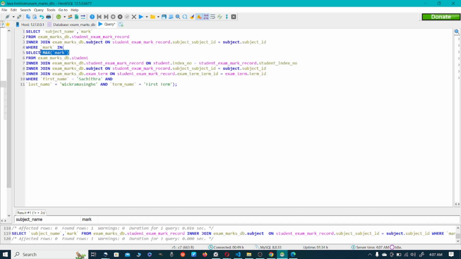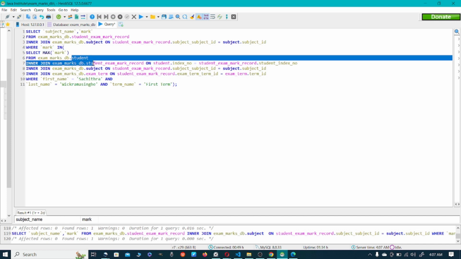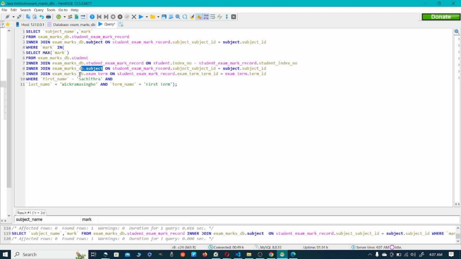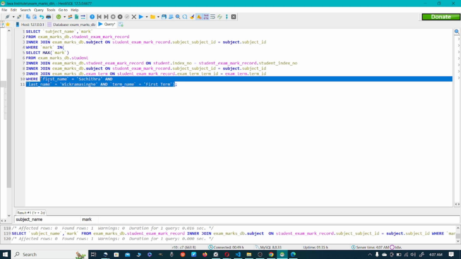Firstly, we have derived the max mark. For that, we have joined the student table and the student exam mark record table. In that, we have joined the subject table, then lastly the exam term table. And this would be our condition part.